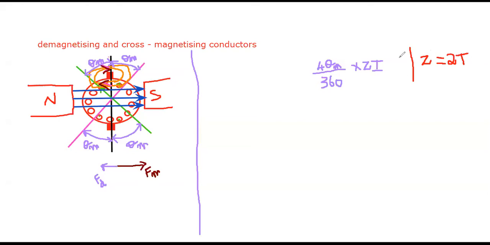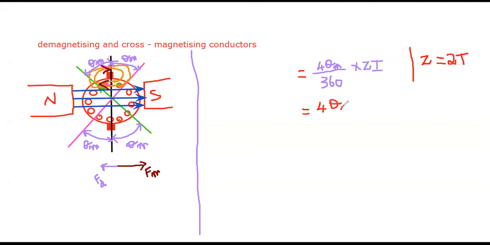Now if you want to convert this formula in terms of turns, I want to make this into turns. So what I am going to do here is divide by 2, because I want to convert it into per turns.